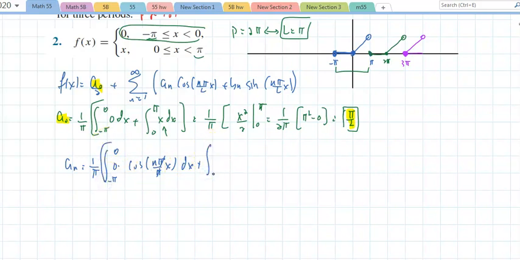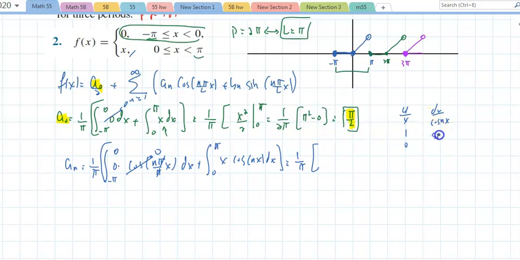And the integral from 0 to pi, in this case, it's going to be x times the cosine of nx dx. And that would be 1 over pi times, so this is 0, and here I didn't mention that was 0. That would simply be, if I use u equal x, du equal 1, and dv is cosine of nx.